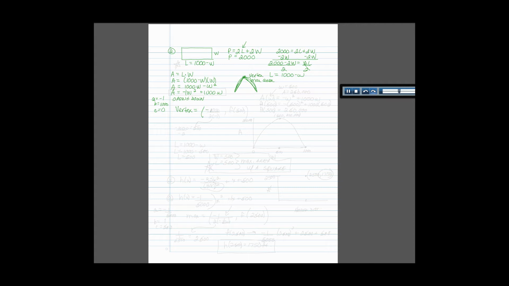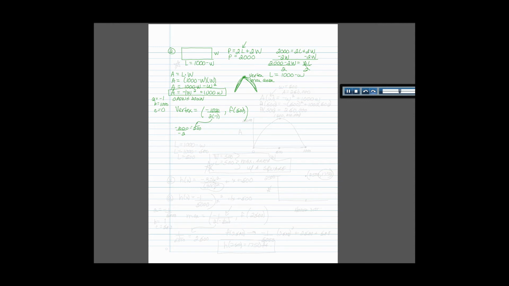So it's going to be negative b over 2a. And let's do this quickly. That's negative 1,000 over 2 times negative 1, which is 500. Then we need f of 500 as the second piece. Well, to find f of 500, I have an equation right here.